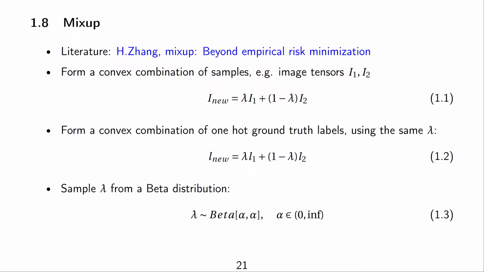MixUp is, to me, the more intuitive version of this idea. The authors also propose to form a convex combination of samples, so their image tensors I1 and I2, and they also use the same equation, lambda times I1 plus 1 minus lambda times I2.